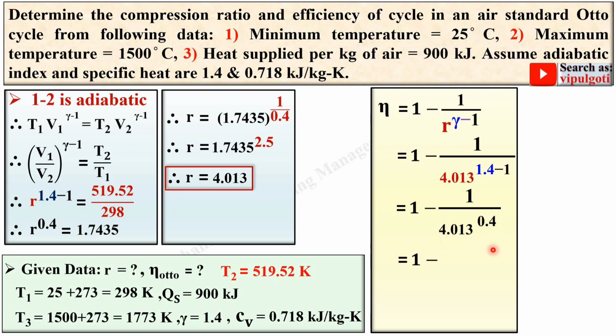Now simplify the whole term so that you will get the efficiency as 0.4264. Again you know that efficiency is in percentage, so multiply by 100 so that you will get efficiency in percentage. This is your second answer, efficiency of the Otto cycle in percentage. So make a box.